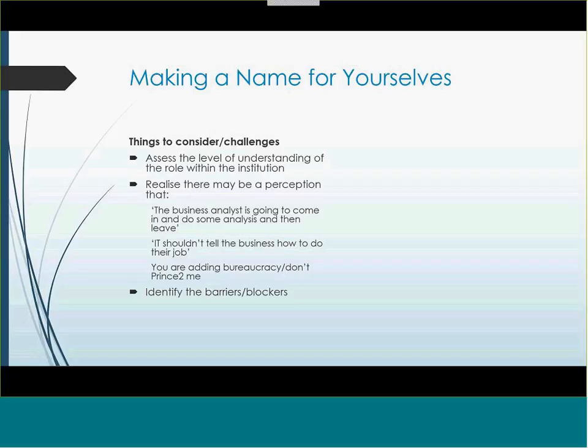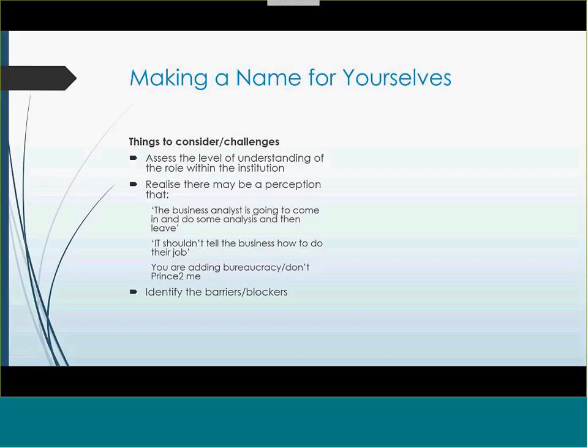Be aware of the perception that the business analyst may not be that valued, or that they are doing something they aren't. Comments I've had over my life as a BA include: the business analyst is going to come in, do some analysis, and then leave. That was a good one.